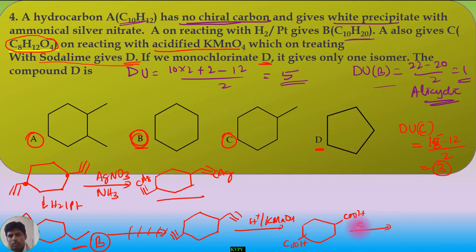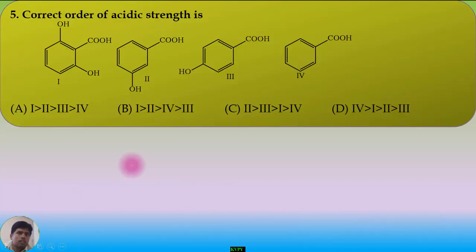Then this on soda lime, that is decarboxylation, should give cyclohexane. So this is our D. In this way we can analyze the question. So option B should be our answer. Let us move on to the next question.